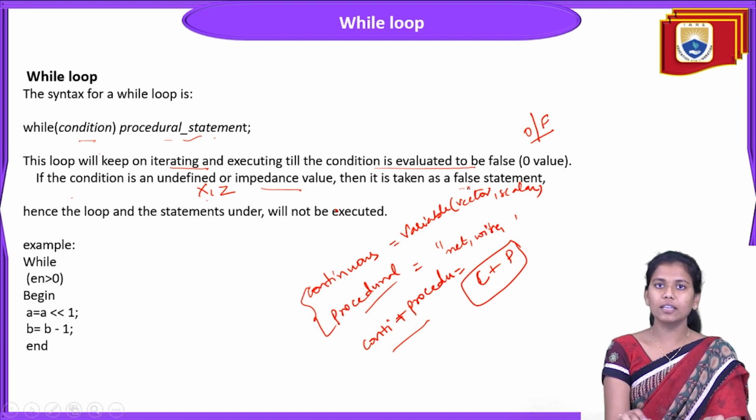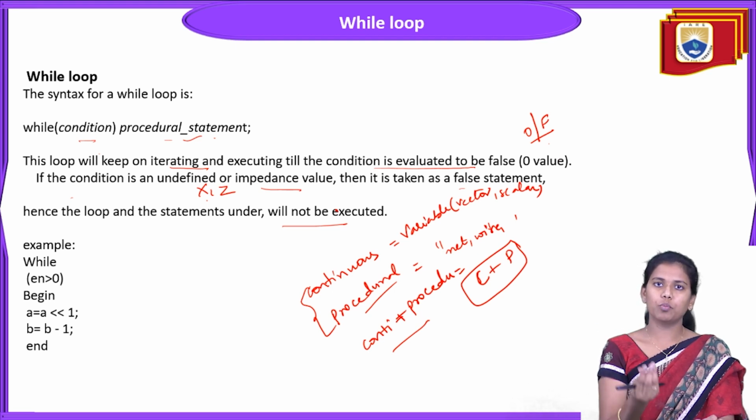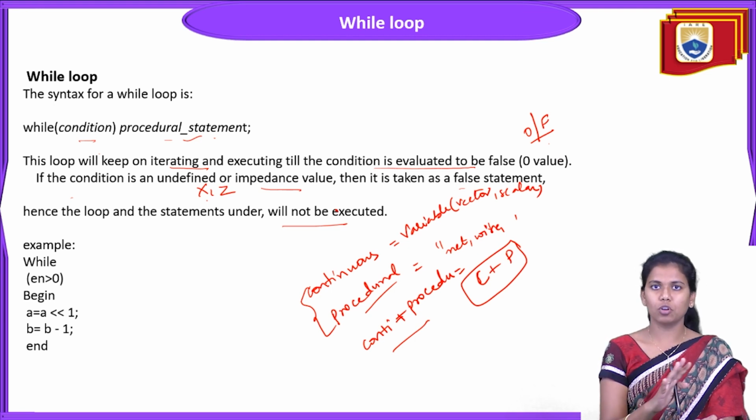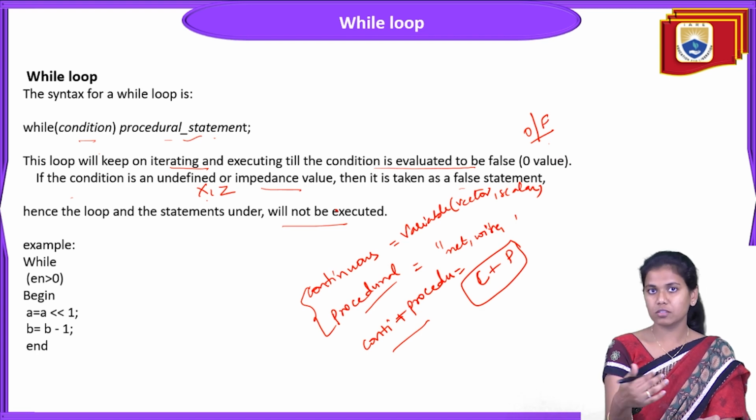So until the result goes to 0 or false, the while statement will be executed. Hence the loop and the statements under it will not be executed further. Whatever loop you find under this while statement, though the output is 0, though the output is 1 if you find, it will not stop. It will go on executing the statement.